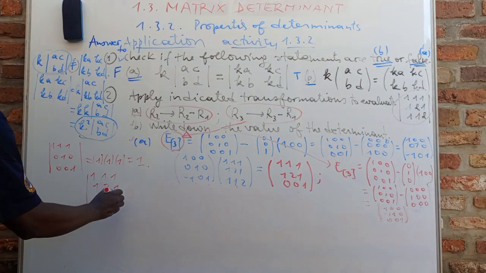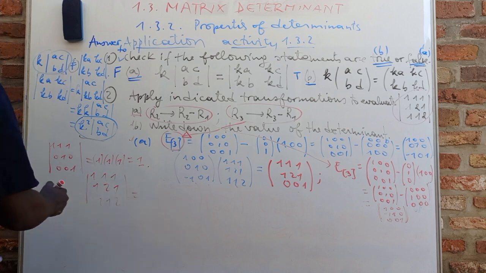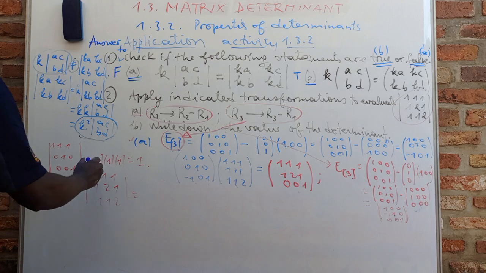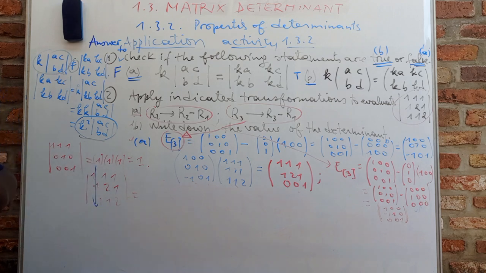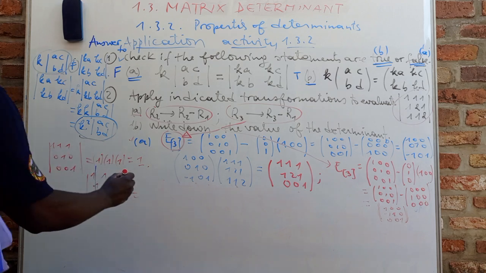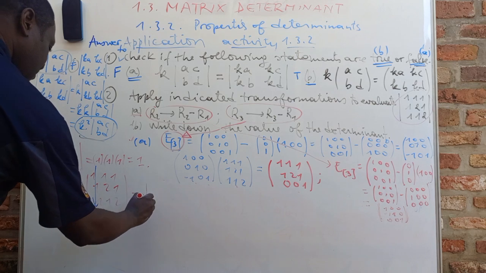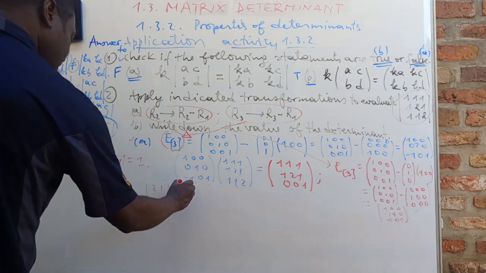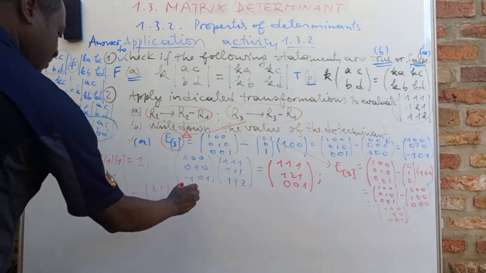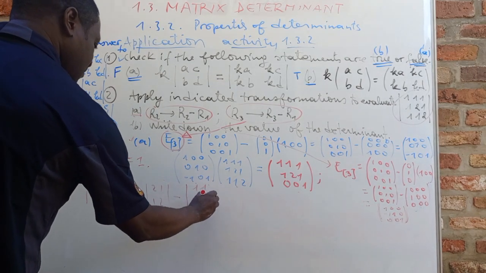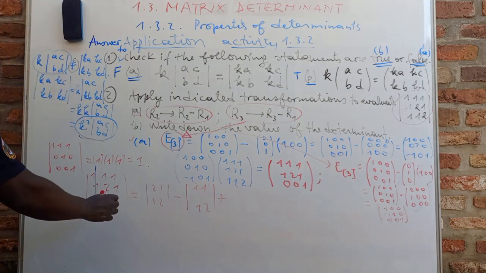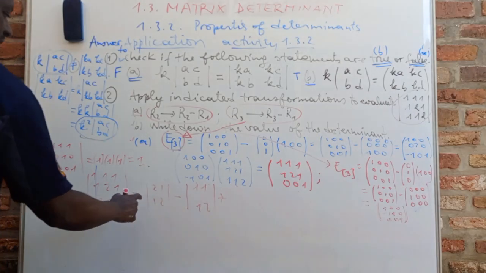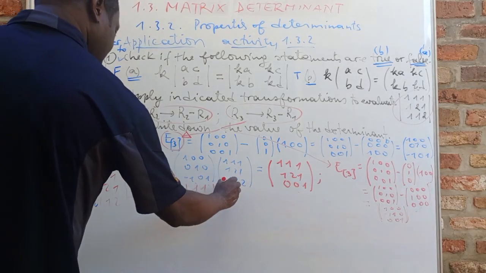So let us expand according to the first column. We will have 1 times the determinant of 2 1, 1 2, minus the determinant of 1 1, 1 2, plus the determinant of 1 1, 2 1, because there is a one here and another one here.